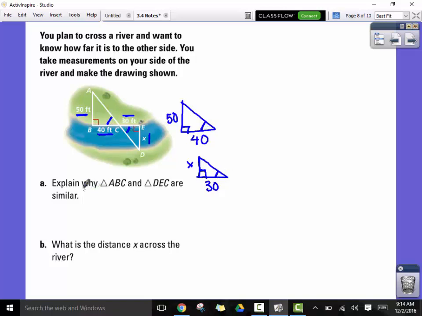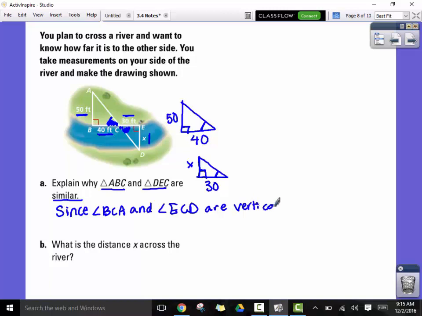So when I explain why they're similar, I can say since angle BCA, which is this one, and angle ECD, which is this one, are vertical, they are congruent.